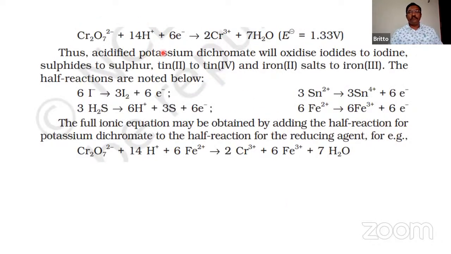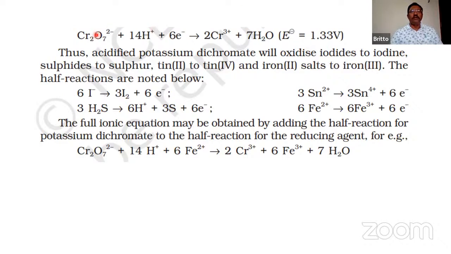And then if you look at the oxidation reaction of Cr2O7 in acidic medium, this is the equation. Cr2O7 2- plus 14H+ plus 6 electrons gives 2 Cr3+ plus 7H2O. And reduction potential is +1.33 volt.